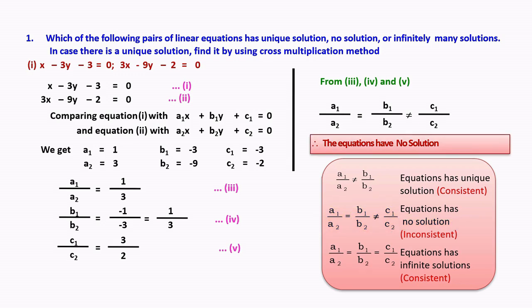This satisfies the condition. Therefore, the lines are parallel. Final conclusion. The given pair of linear equations has no solution. The system is inconsistent.